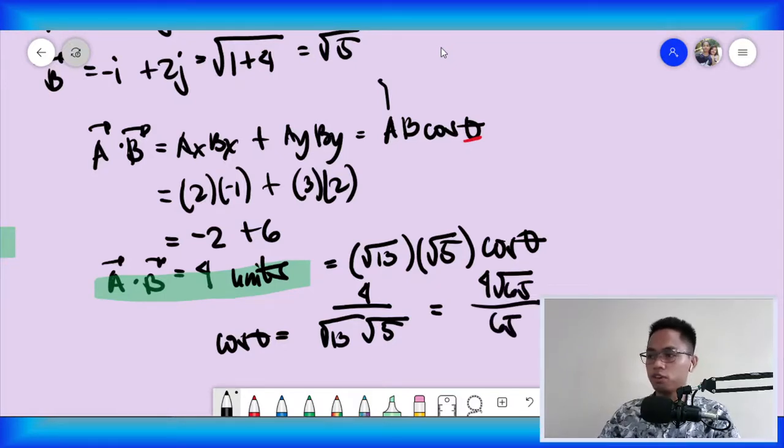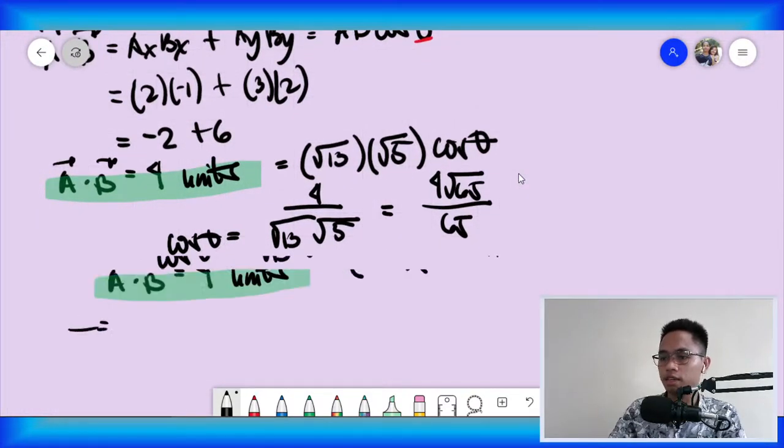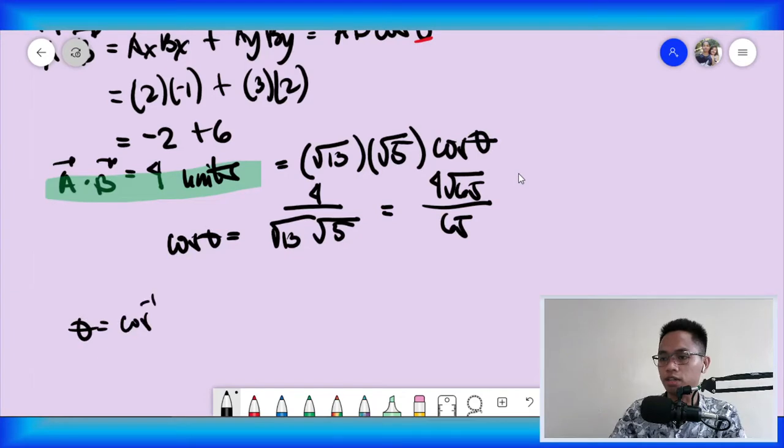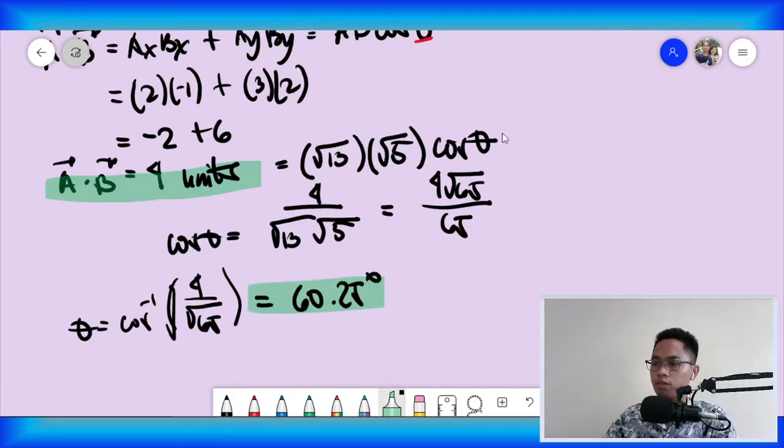Now, solving for theta, the angle in between them, theta is the arc cosine of 4 over the square root of 65. That should be equal to 60.25 degrees, and that is the angle in between them.